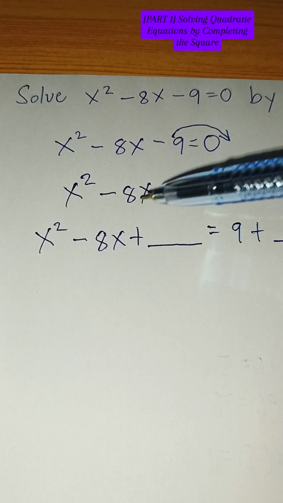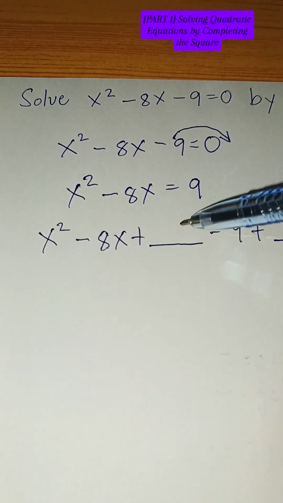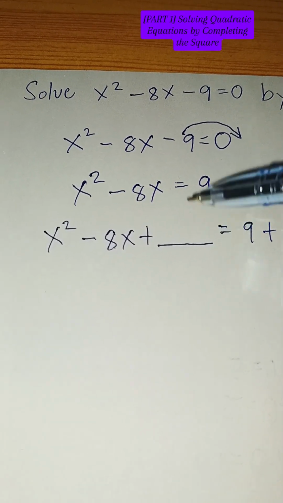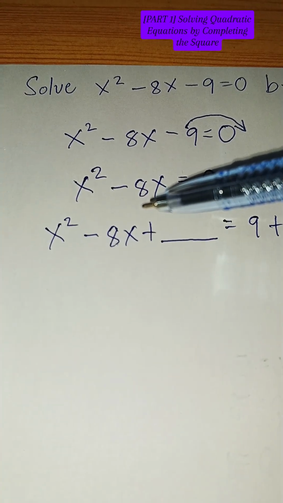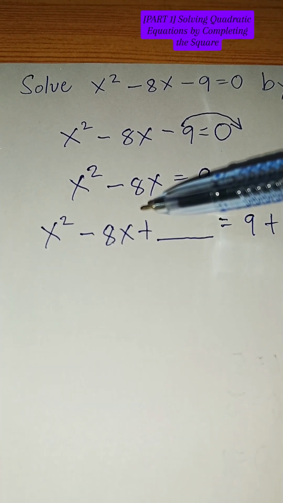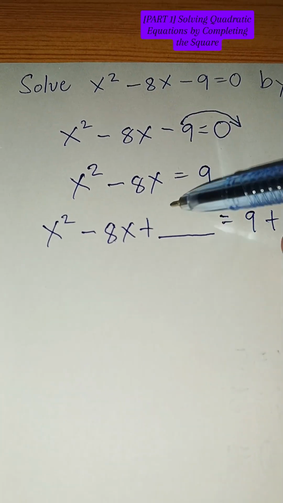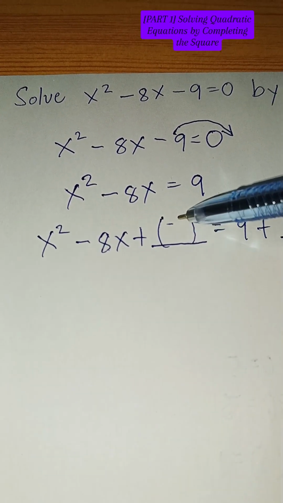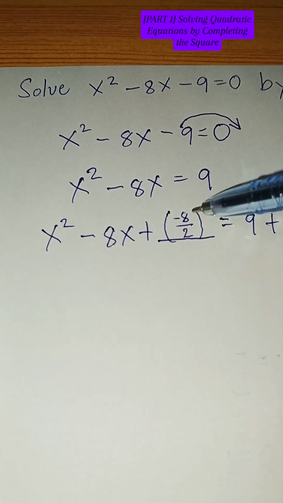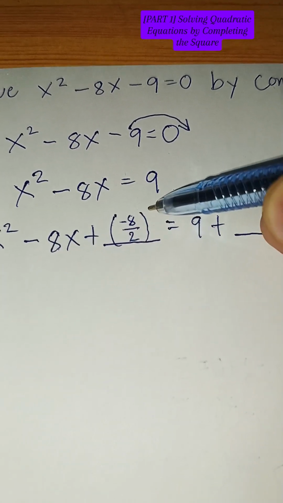Okay, so how are we going to obtain the last term on the left side? First, we identify the coefficient of the middle term. The coefficient of the middle term is negative 8. Then we write it in parentheses: negative 8 over 2, or negative 8 divided by 2, then squared.